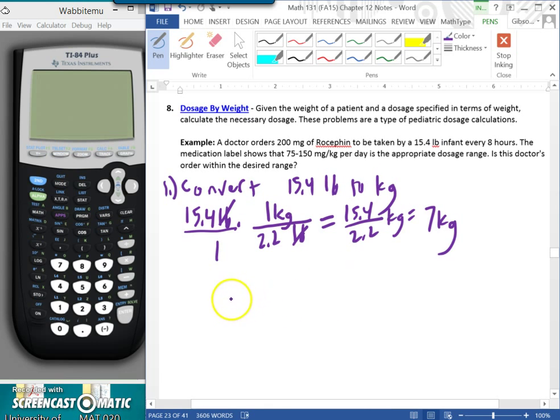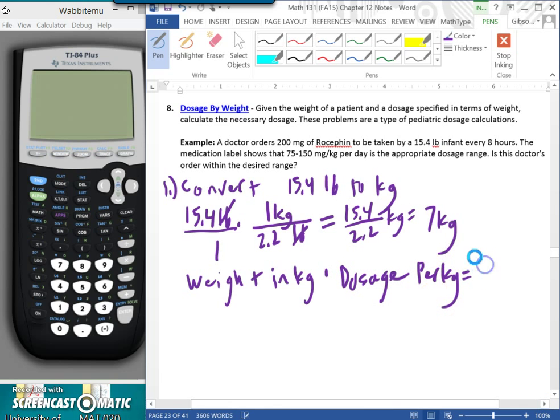Okay, so now we have 7 kilograms. We need the weight in kilograms, which we just did, and multiply by the dosage per kilogram.